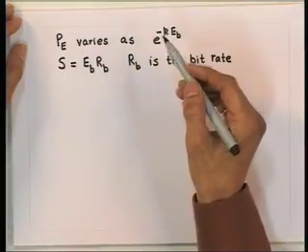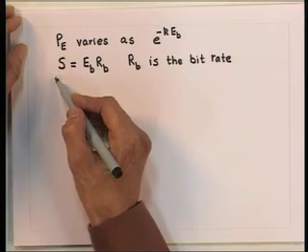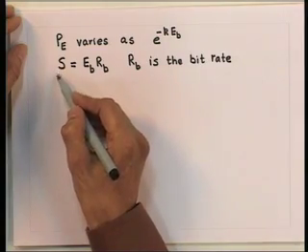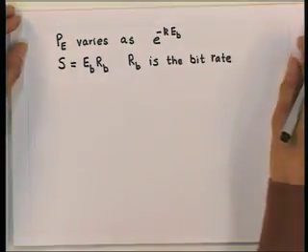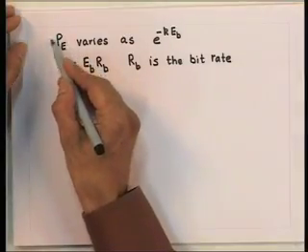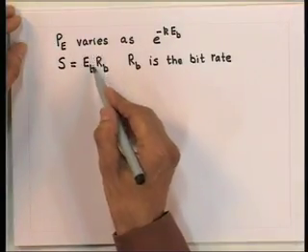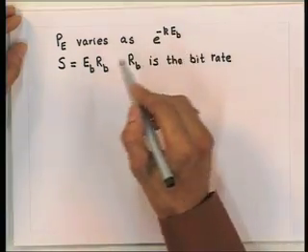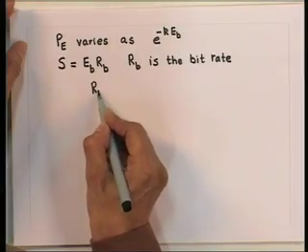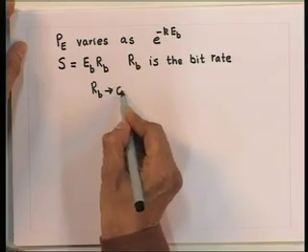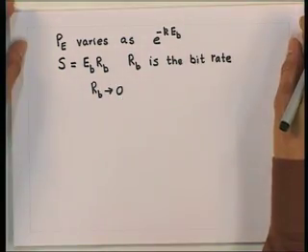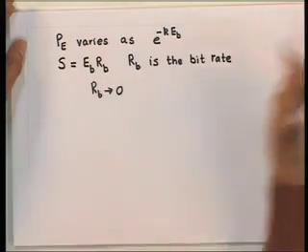Now, because of physical limitations on signal power S, it cannot be increased beyond a certain limit. Hence, to reduce Pe further, we must reduce Rb. What this implies is that to reduce Pe, we have to make Rb tend to 0. Thus, the price to be paid for reducing Pe is a reduction in the transmission rate Rb.